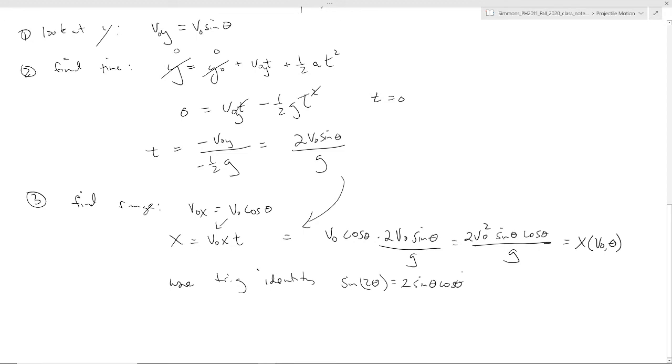So when we incorporate that trig identity, we get our most compact expression: the range is equal to v naught squared over g times sine of 2 theta.